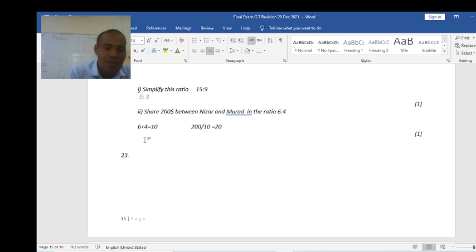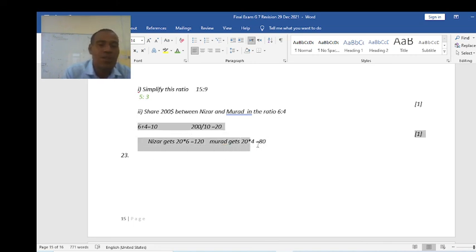So Nizar gets 20 multiplied by 6 equals $120. Murad gets 20 multiplied by 4, which gives $80. Clear? If you want to check, 120 plus 80 is $200. So the question is answered.